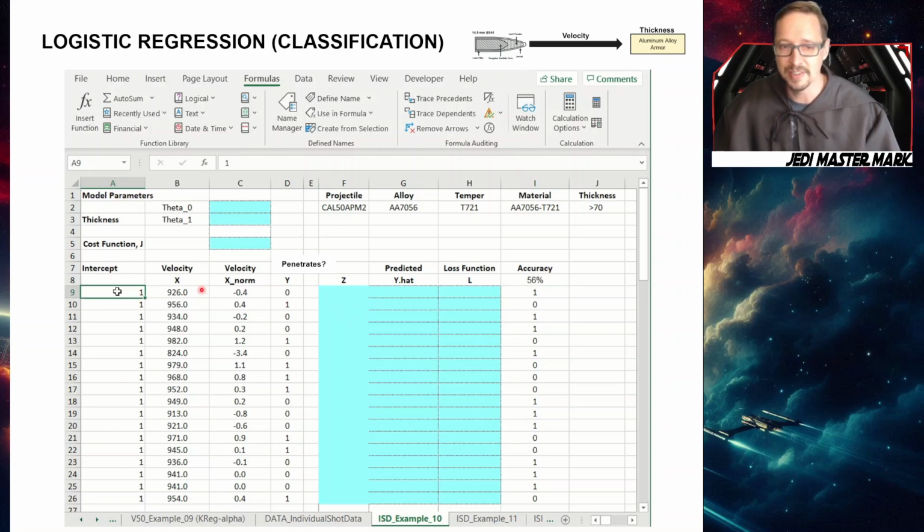So our input is velocity. So you can see the velocity here and all these values. Here are the corresponding output responses. So you can see 0 where it's partially penetrating, but it's stopped by the armor, 1 where it goes through the armor. So we want a classification model that can capture this relationship and be used to predict new input data and what those responses would be.